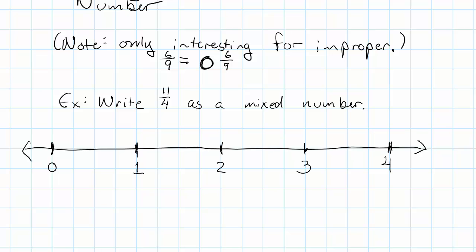It isn't obvious by looking what 2 integers this is going to be in between, but I hope going out to 4 is going to be enough. If I want to look at fourths, I need to split each unit into 4 equal parts. And then, let's see. You know, I'm going to count by 4s.